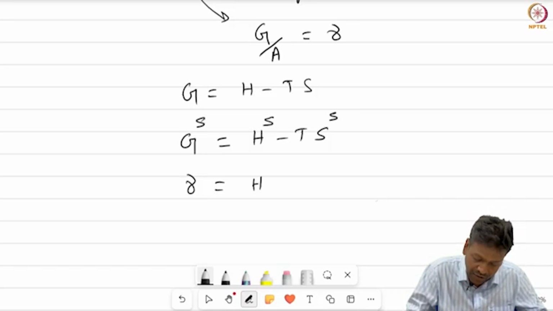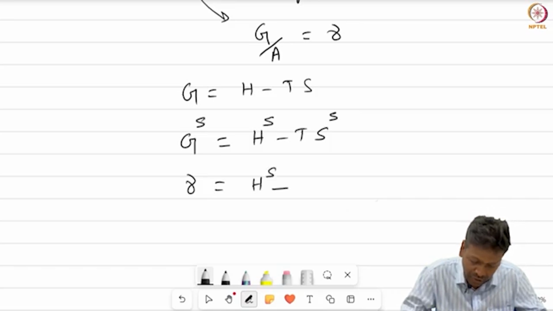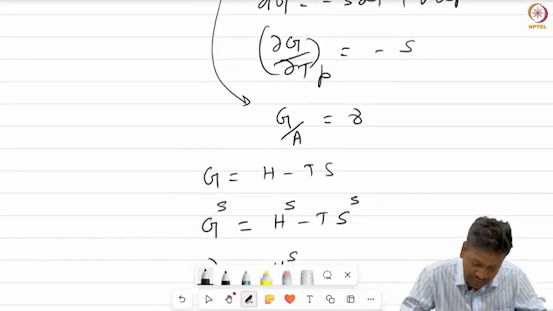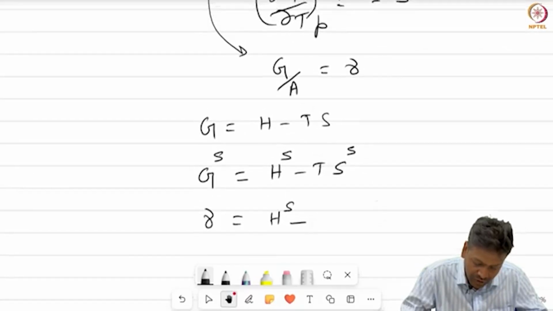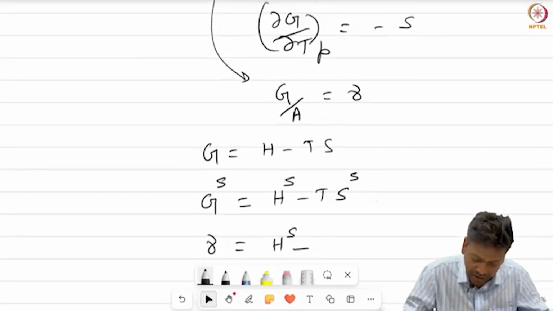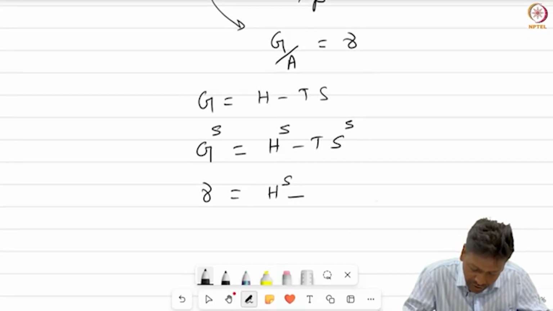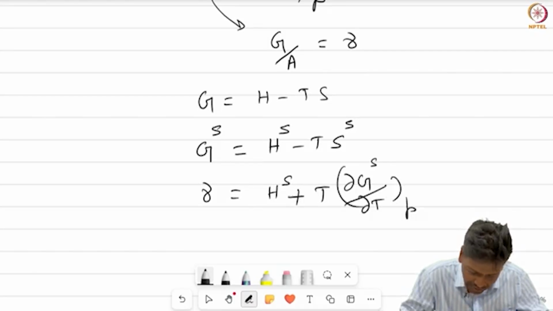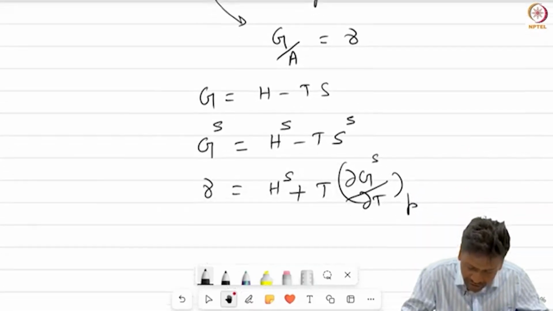Then you have H superscript S minus, so this minus S is nothing but dG/dT, but minus S superscript S will be, in that case, plus T dG^S/dT at constant pressure. So that is what we have to write here.